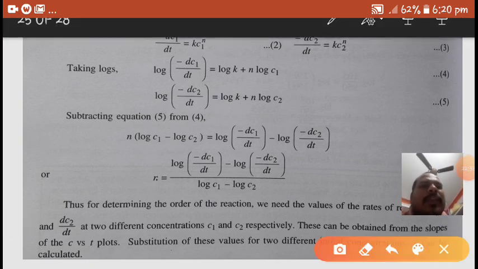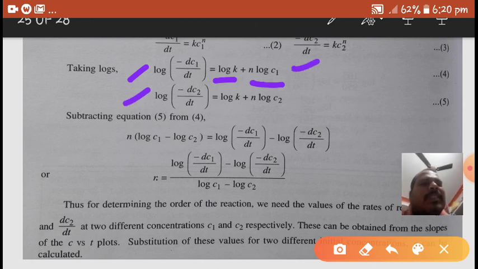So taking logs on both sides of these equations, we get log of minus dC1 by dt is equal to log k plus n log C1, and log of minus dC2 by dt is equal to log k plus n log C2.